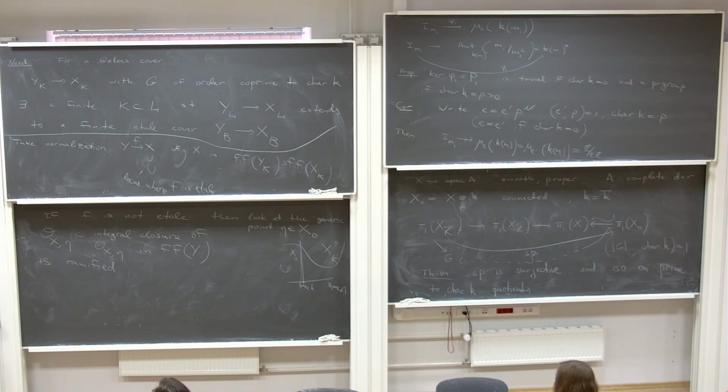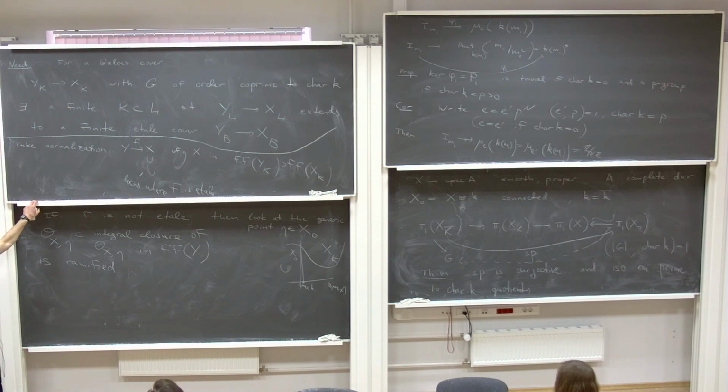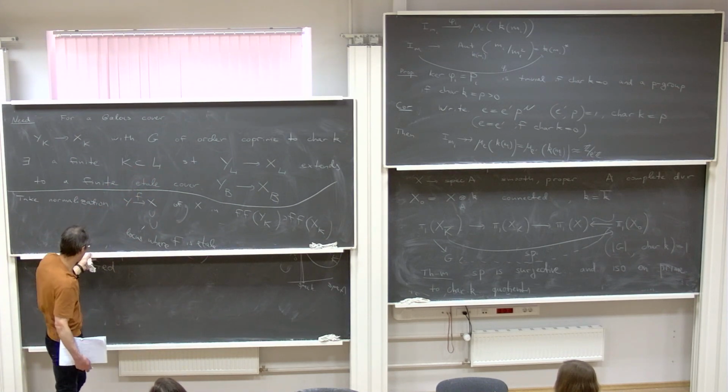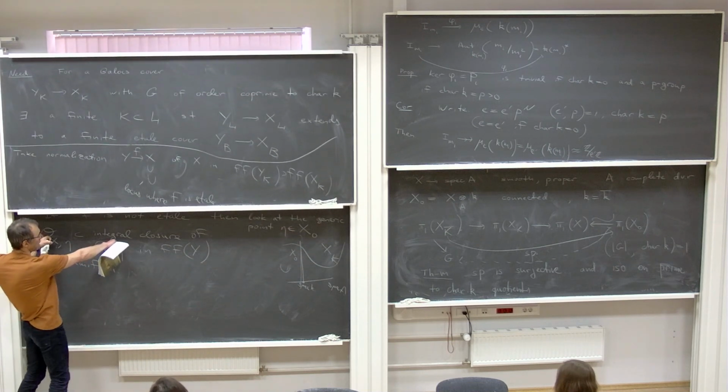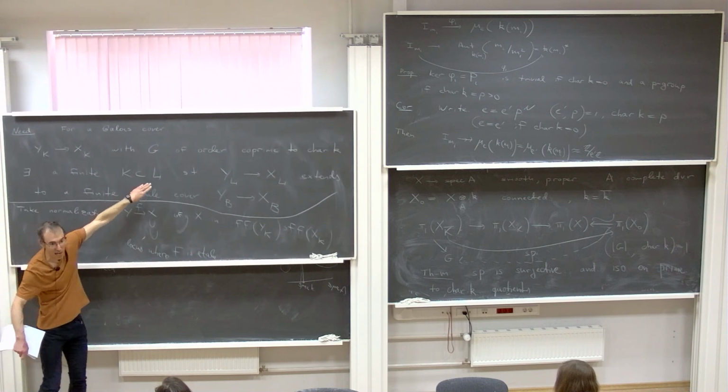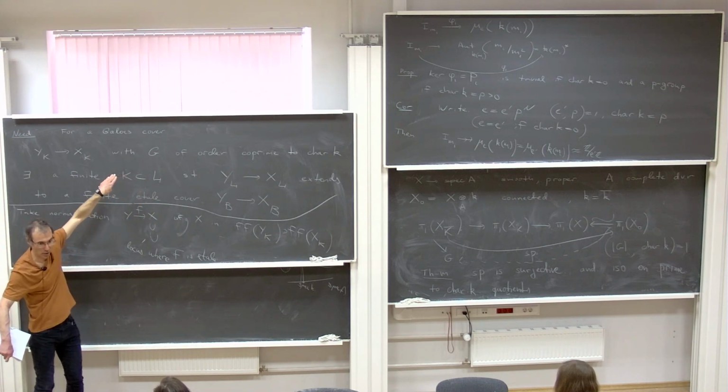So it need not be 1, but after replacing K by some finite extension, the ramification index of this guy is equal to some number, e. It turns out that if you take for L the extension obtained by extracting the eth root of the uniformizer, then it works.